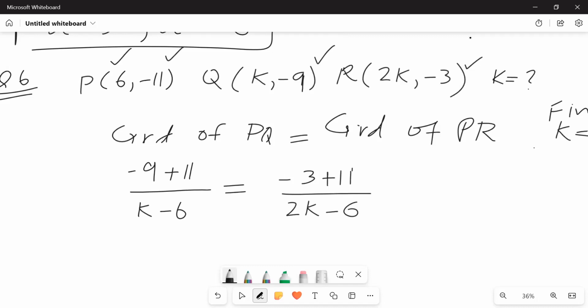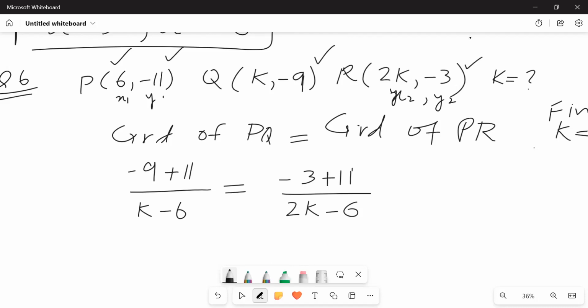Now, the second point: this is x2 and this one is x1. So it will be k minus 6. Now the second side is gradient of PR. We consider this one x1, y1, and this one x2, y2.